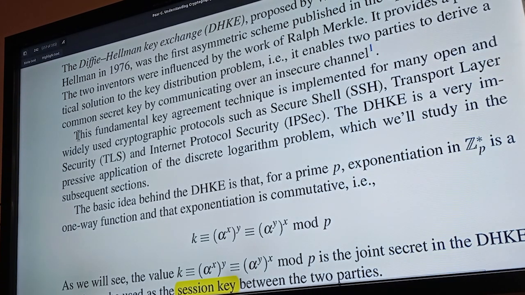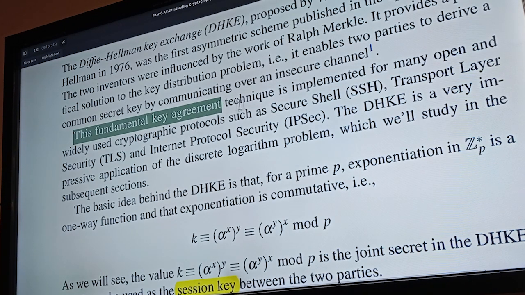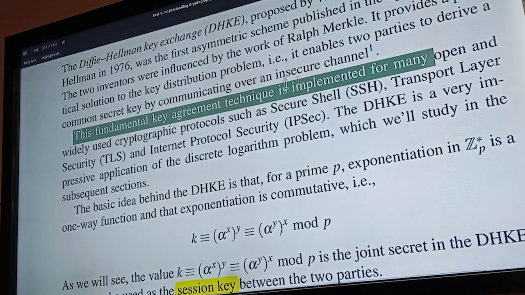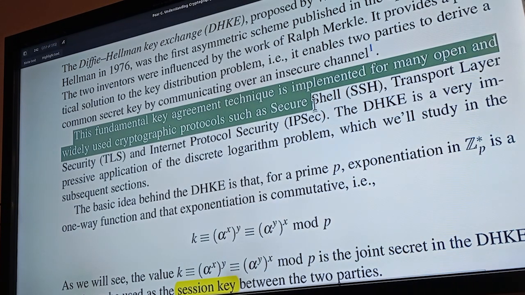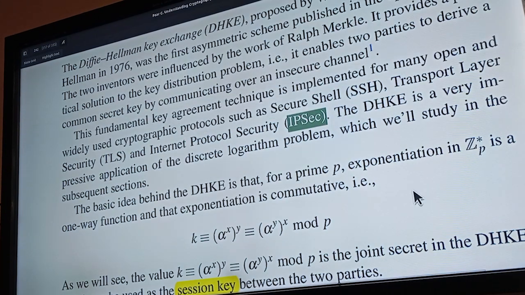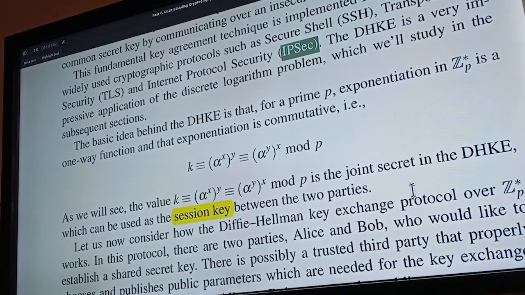We can also see from this section that the fundamental key agreement technique is implemented for many open and widely used cryptographic protocols such as Secure Shell, TLS, IPsec. But that's not what we want. I just want us to understand how it works.